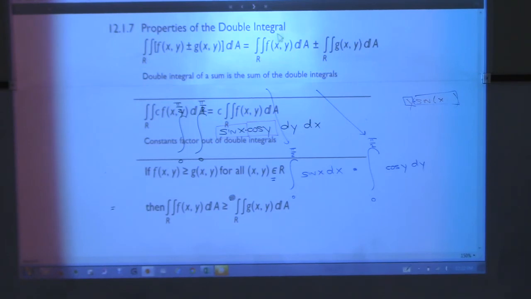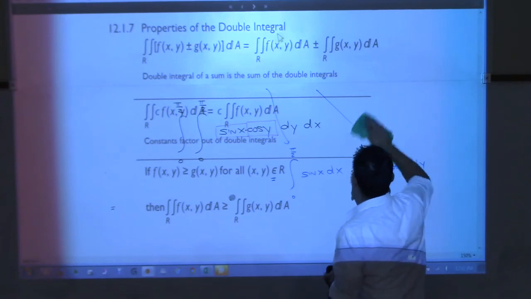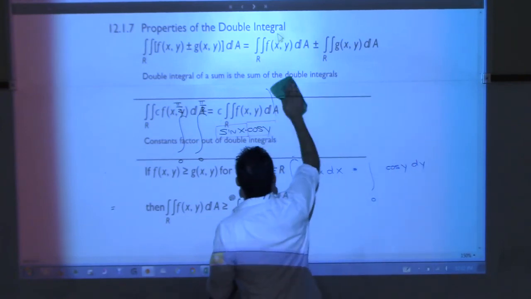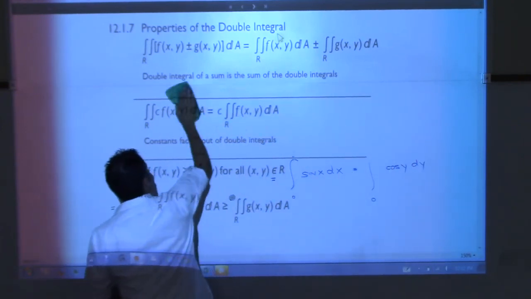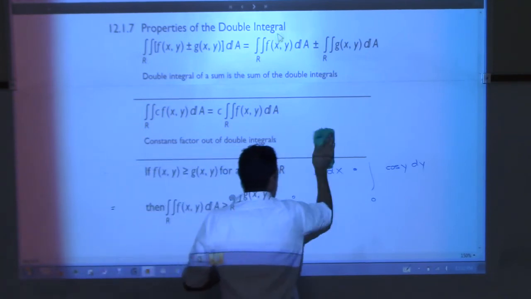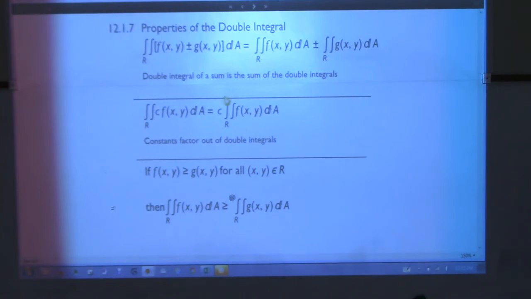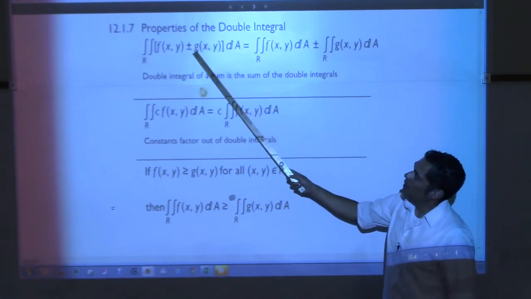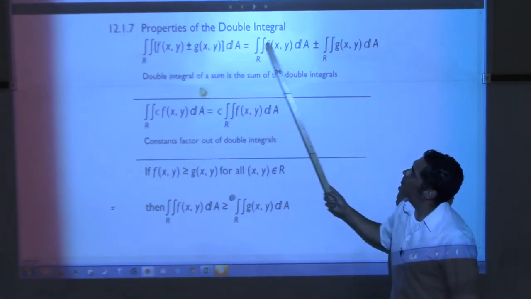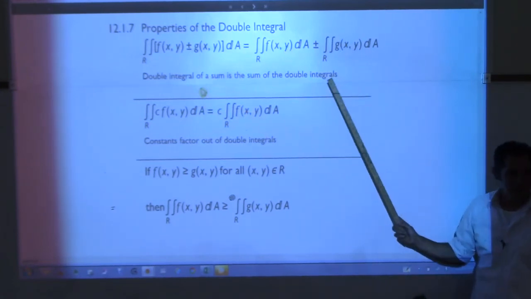All right, some properties of double integrals. Double integrals maintain all the properties that you came to love in Cal 2. All the properties that you had carry over here. If you have two functions being added or subtracted, and you want the double integral, you can split it up into two double integrals and just add and subtract them.